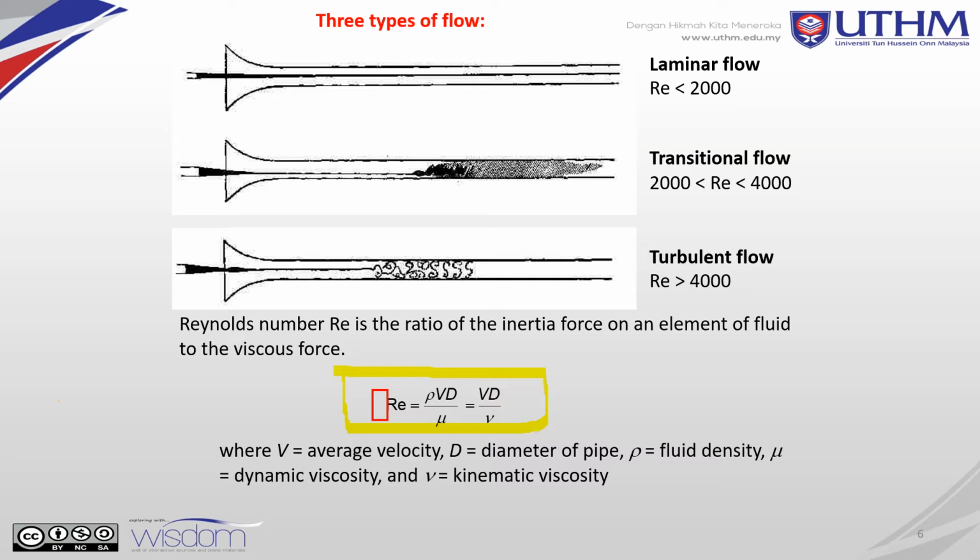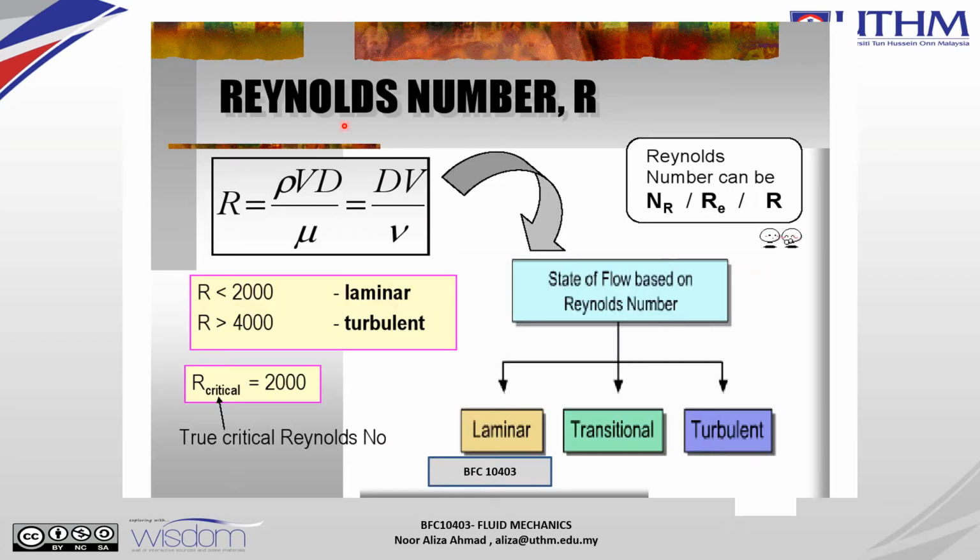For laminar flow, Reynolds number is less than 2000. For transitional flow, Reynolds number is between 2000 and 4000, but for turbulent flow, it is more than 4000.